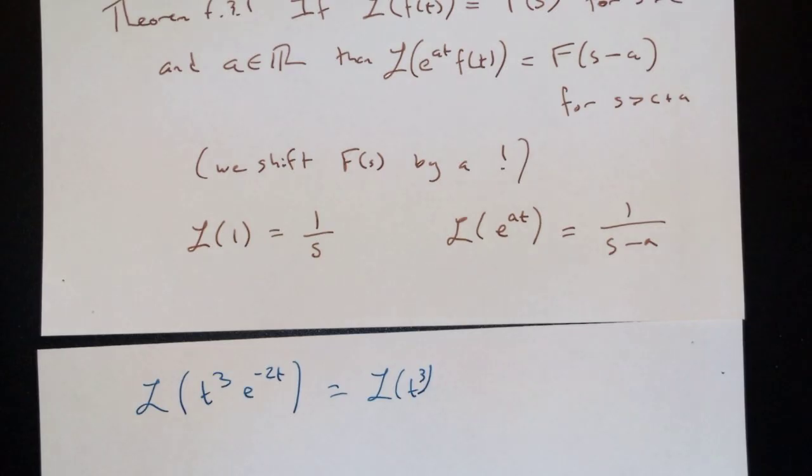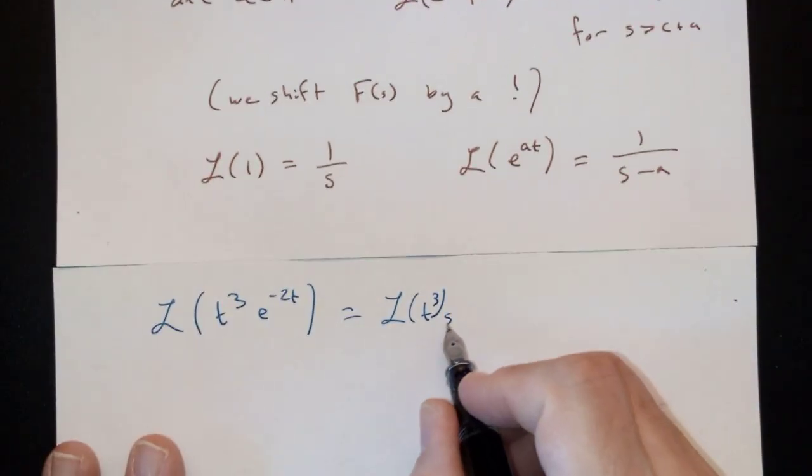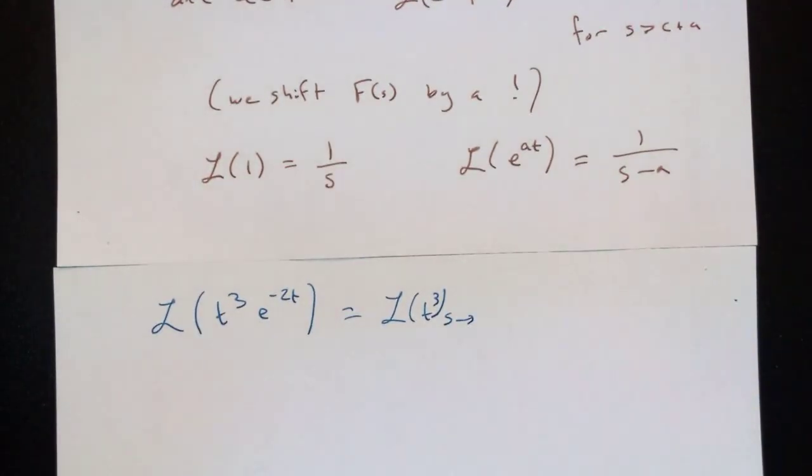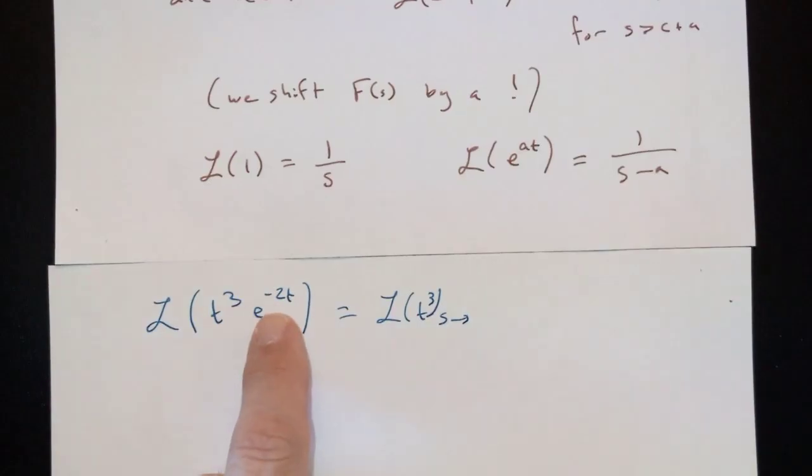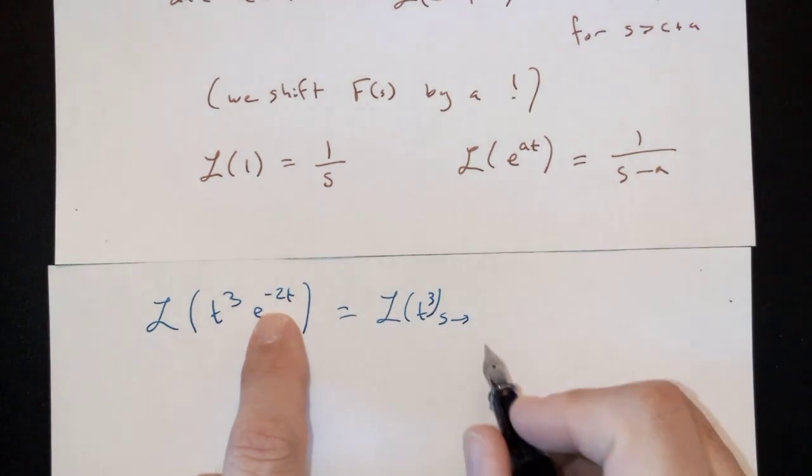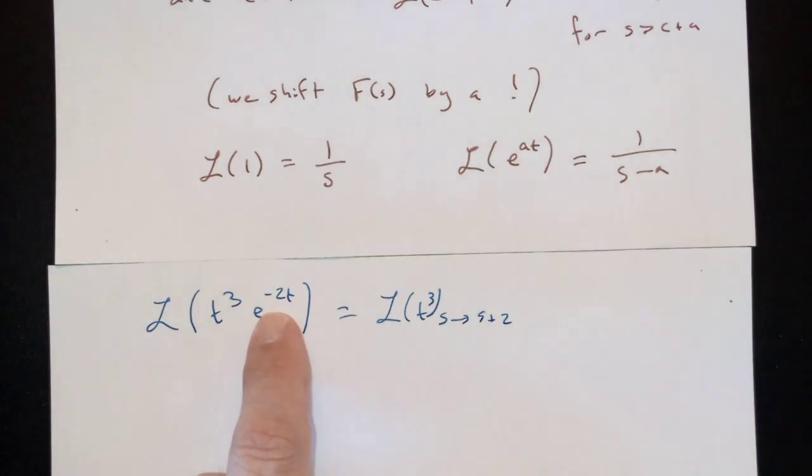I need to write down somewhere on here that I want to shift s. The way I'm going to write that down is I'm going to say that s is going to be shifted to s minus -2. So I grab my formula sheet. What is the Laplace transform of t cubed?